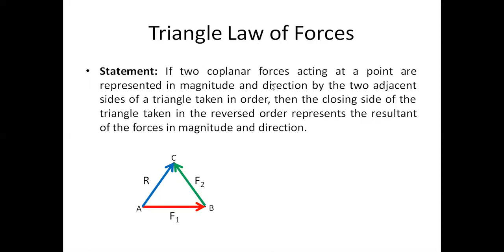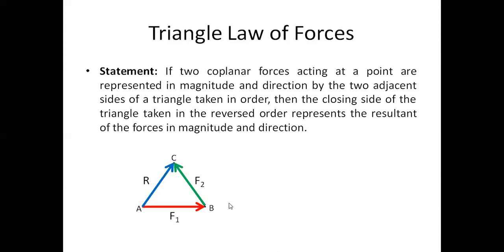So two coplanar forces acting at a point, represented in magnitude and direction by two adjacent sides F1 and F2 of a triangle taken in order, this order. Now the closing side, that is AC, taken in the reverse order, not in the regular order, represents the resultant of the forces in magnitude and direction.